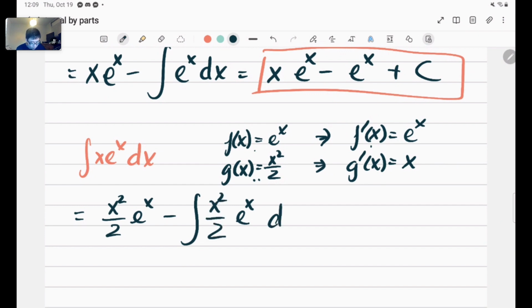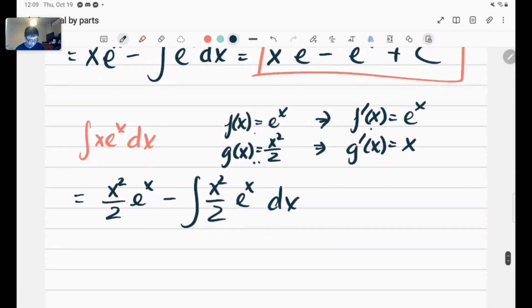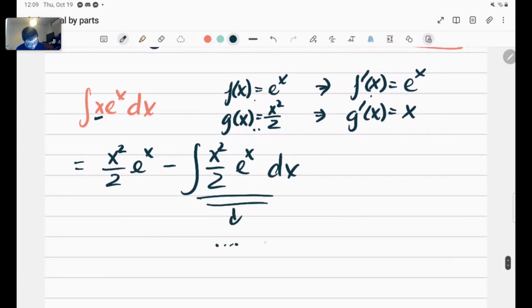Then you notice that not only do you get another integration with two functions, but you're also getting something weird: the exponent of x has increased. Trust me or not, if you try integration by parts one more time, you would get something like integrating x to the power of 3 over 6 times e to the power of x dx.